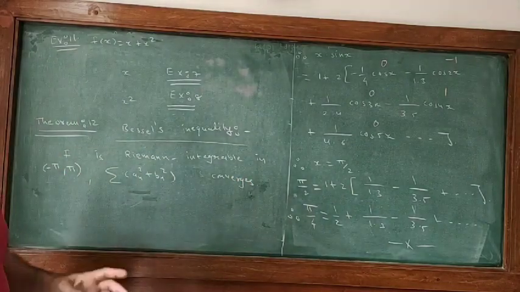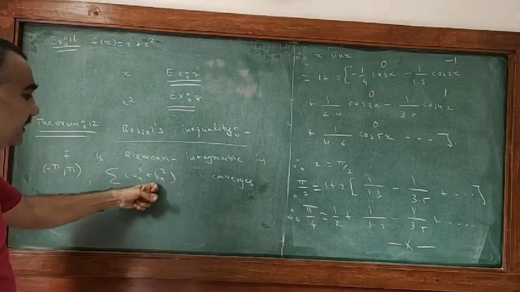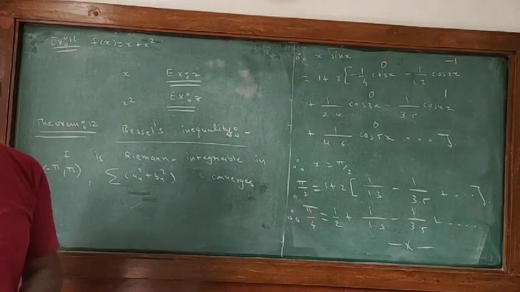Convergence means it will be convergent, and where an and bn both are Fourier coefficients.